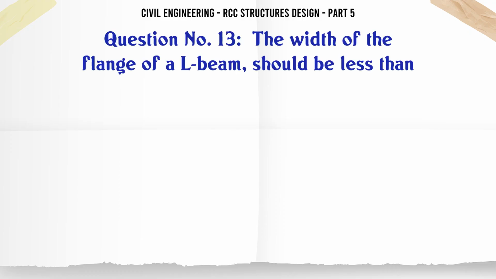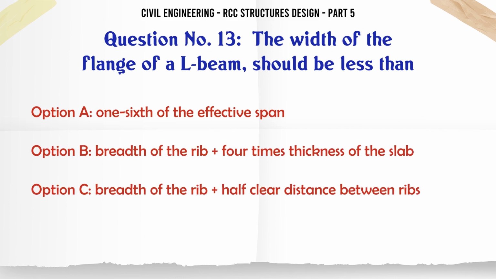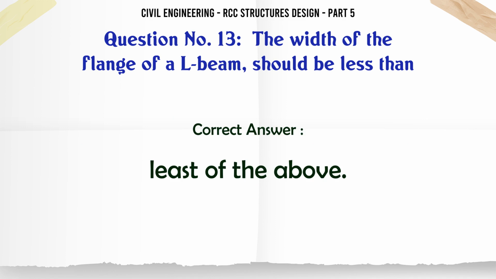The width of the flange of a L beam should be less than A 1/6 of the effective span, B breadth of the rib plus 4 times thickness of the slab, C breadth of the rib plus half clear distance between ribs, D least of the above. The correct answer is least of the above.